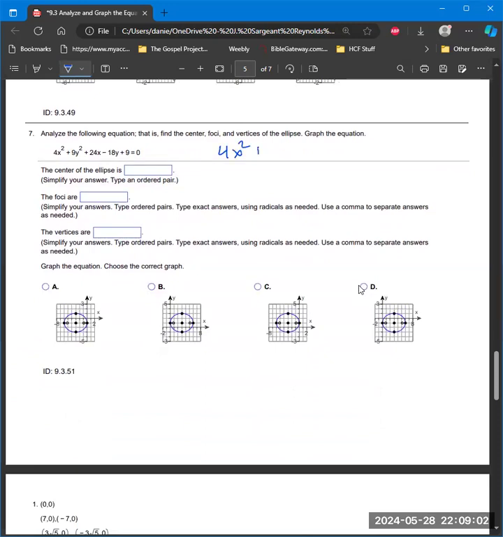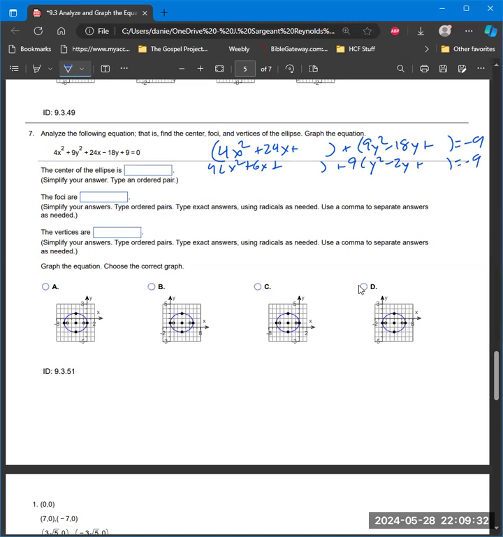4x squared plus 24x plus something plus 9y squared minus 18y plus something equals -9. 4x squared plus 6x, 9y squared minus 2y, -9.